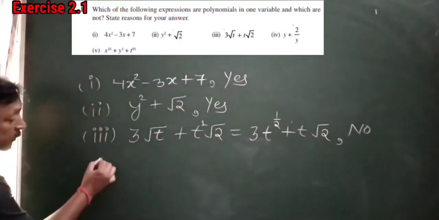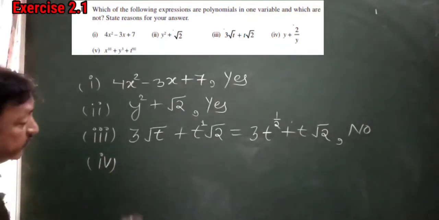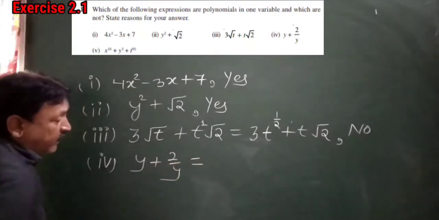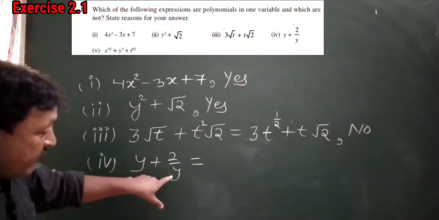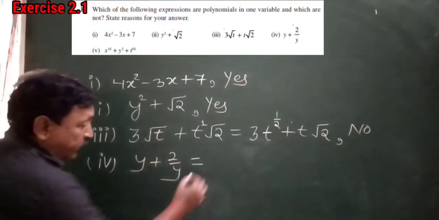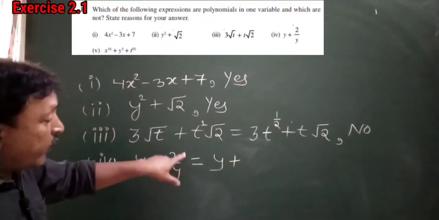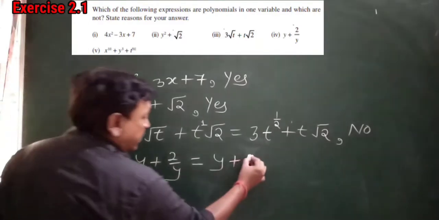Now come to part fourth. Part fourth is saying y plus 2 upon y. Is it written in the right way? No. This y must be in the numerator. So first of all, send it up. We all know if it goes to the numerator, the sign of its power will change.